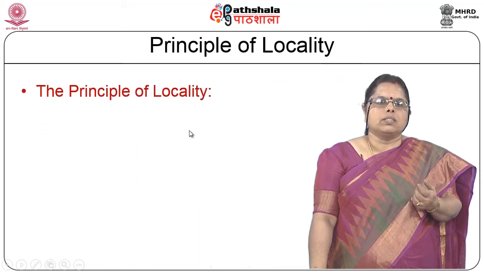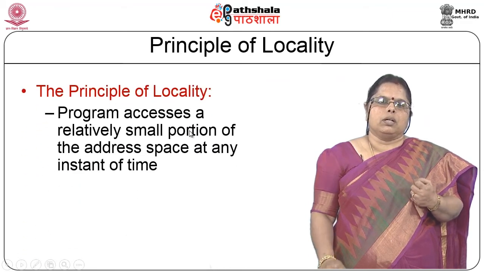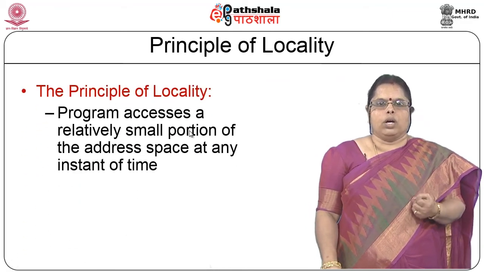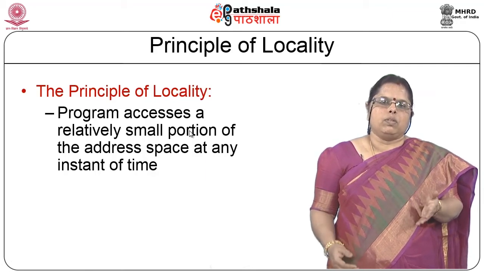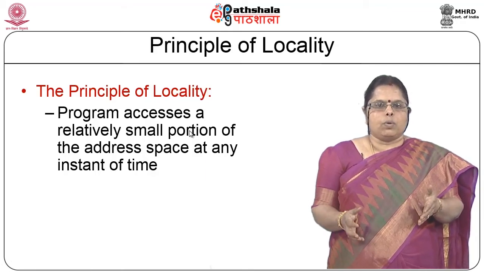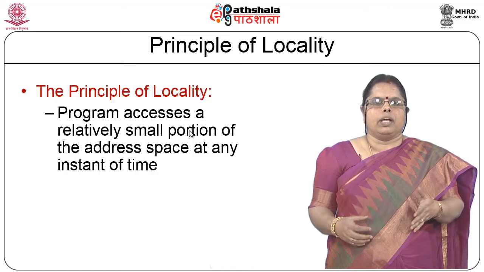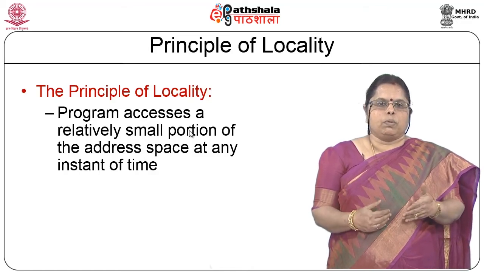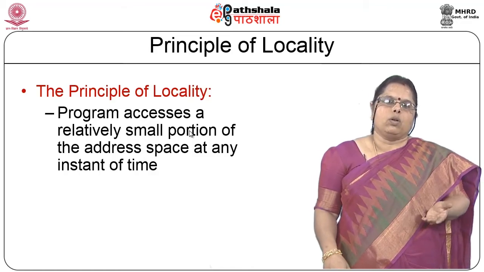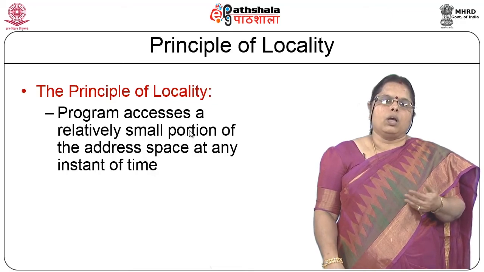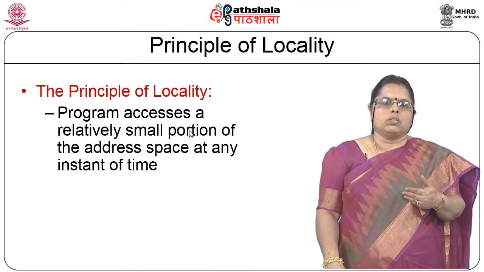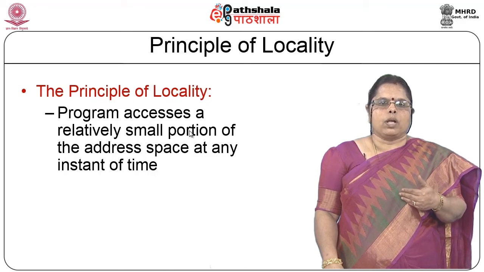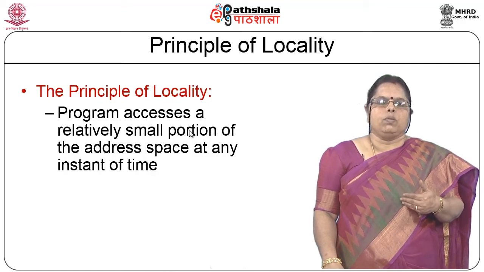Now, why does this hierarchical memory design actually work? What if we have different types of memories at different levels of the hierarchy, and we store only a portion of the data in the fastest memory, because it is only a small memory and cannot accommodate too much information? How is this going to be effective? This is effective because most of our programs follow what is called the principle of locality.